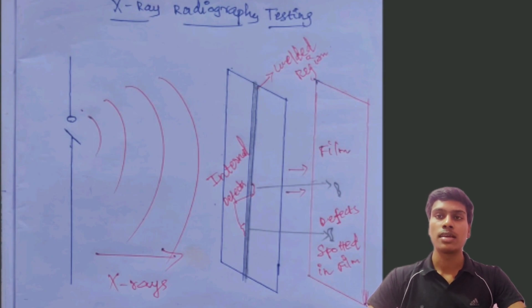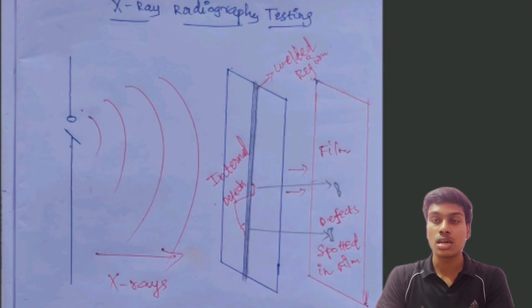The film is placed on the right side of the material. If there is any defect in the weld, then with the help of the rays, the defect will appear on the film. From that we can find out that in this position this type of defect is there.